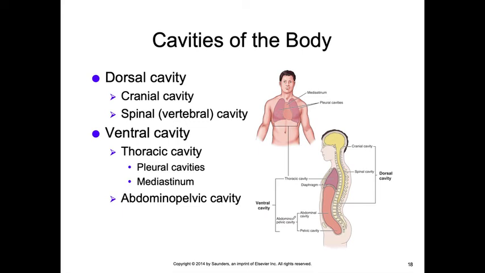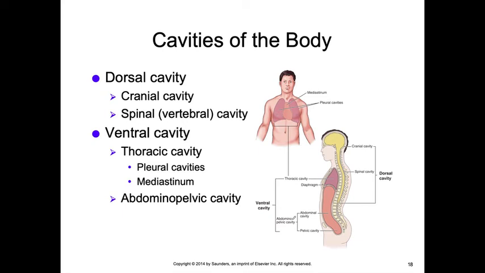Cavities of the body are shown here. We can divide cavities of the body into the dorsal cavity, which is made up of the cranial cavity that contains the brain and the brainstem, and the spinal cavity, sometimes called the vertebral cavity, which contains the spinal cord.